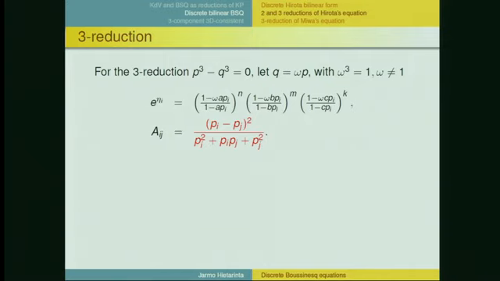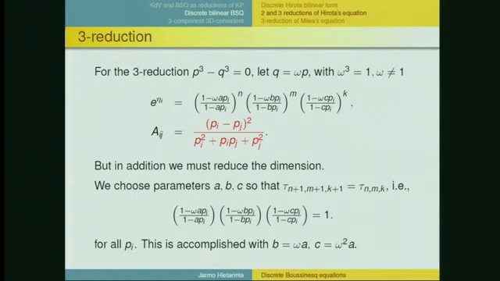So we are on the right track. But this is still three-dimensional, so I have to make the dimensional reduction somehow. And it's given here. This is the dimensional reduction.